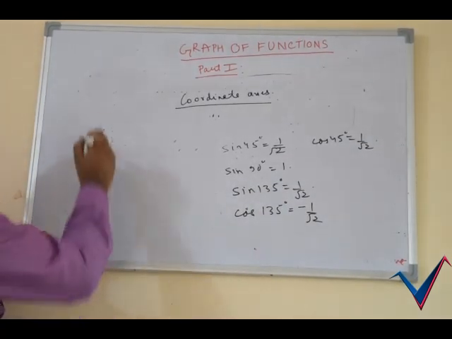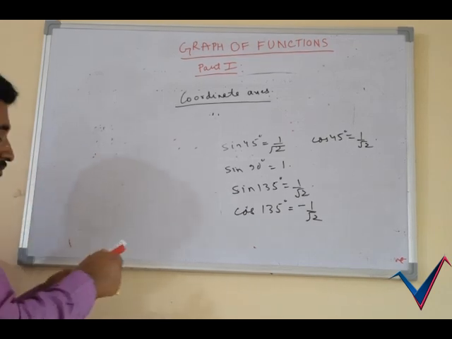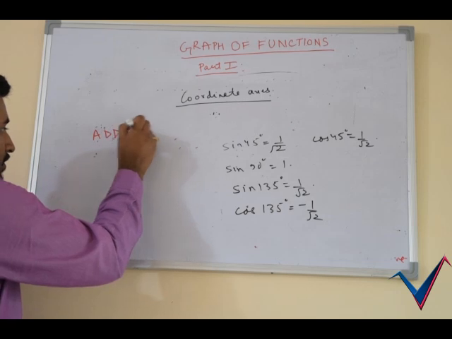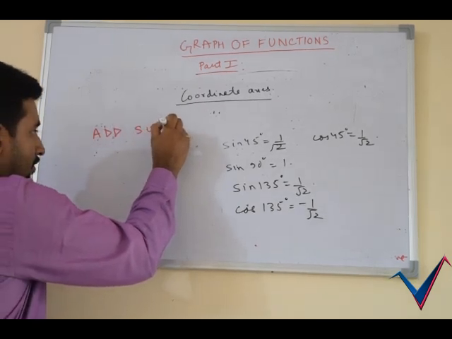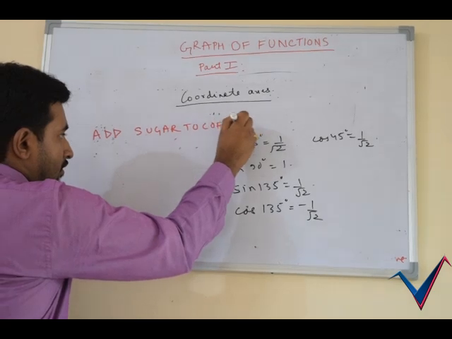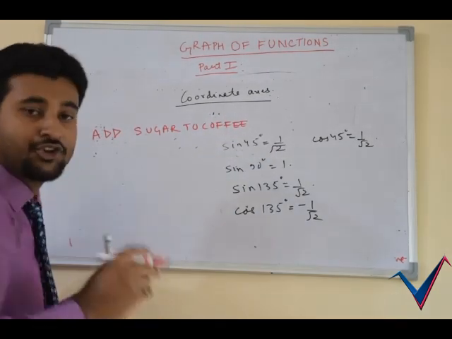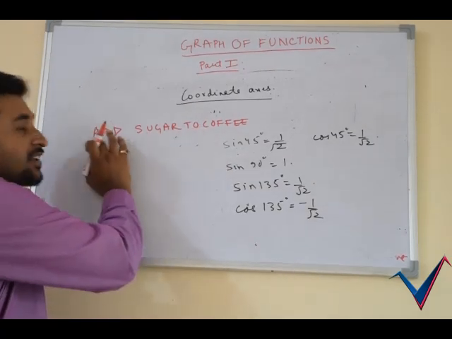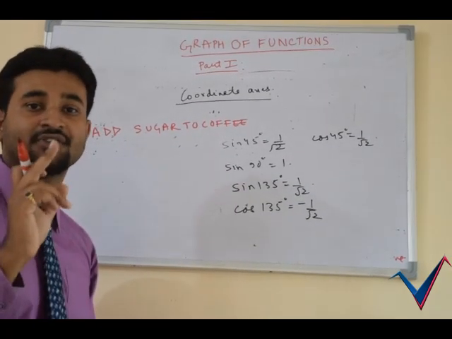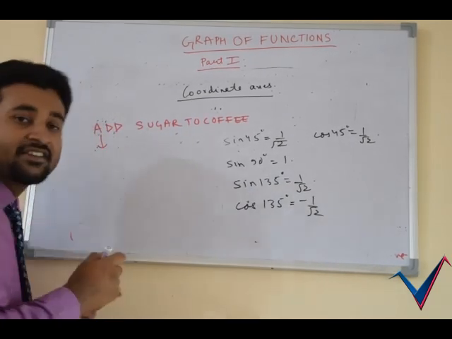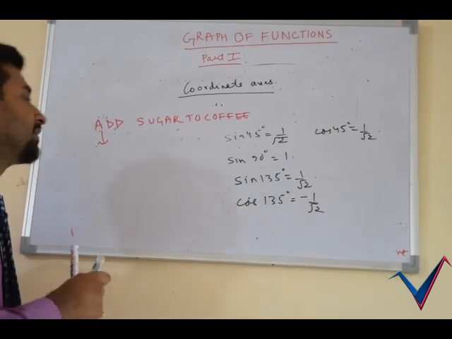So that funda is simply: add sugar to coffee. Okay, don't go by the name. You have to just consider the first letter. What is the first letter of each word? From here, A stands for all positive.